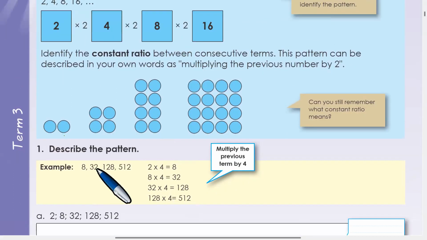You multiply 2 by 4 to get 8, and then you multiply 8 by 4 to get 32. You multiply 32 by 4 to get 128. You multiply 128 by 4 to get 512. So, what is the rule? Multiply the previous term by 4.